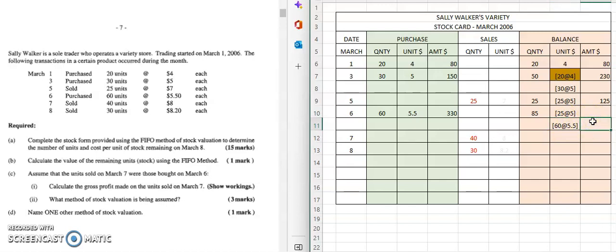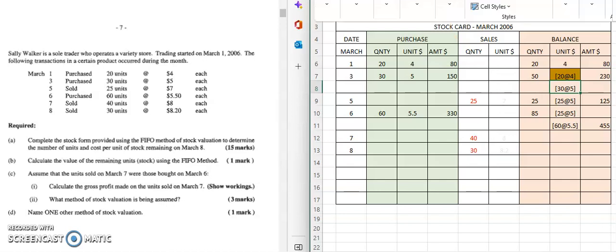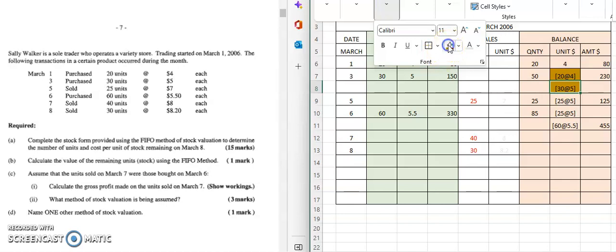So that means that the total value of the units she has left of those 85 units is 125 plus 330, which is 455. All right. Let me just cross out the part she sold there, so we get a clearer picture.